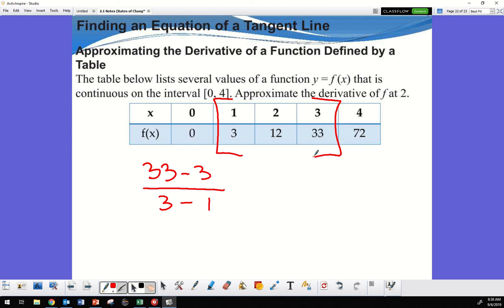Yeah, because we're just trying to find a slope. If my interval is pretty consistent here, I can approximate it. I can take this one and this one, and that would give me the slope in between both of these, which should be about the same as what it would be right at 2.